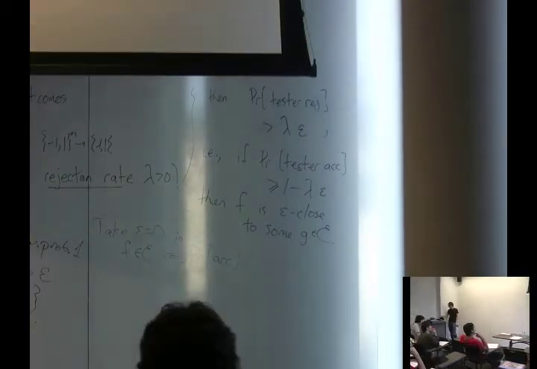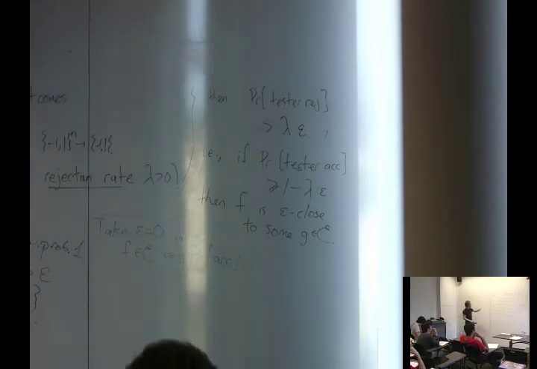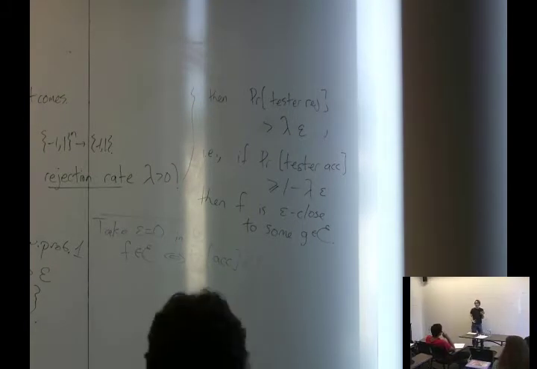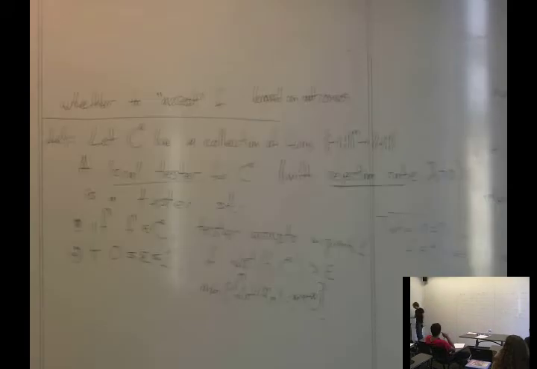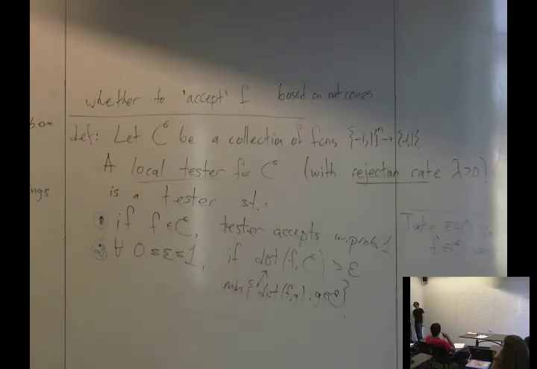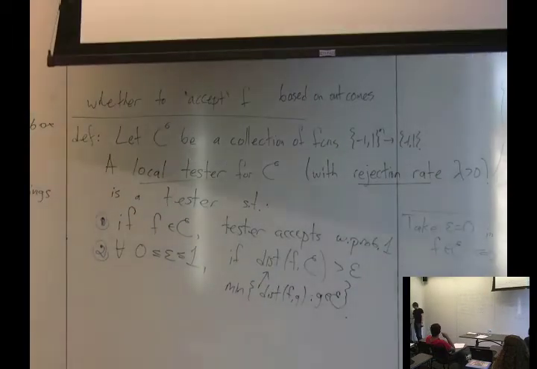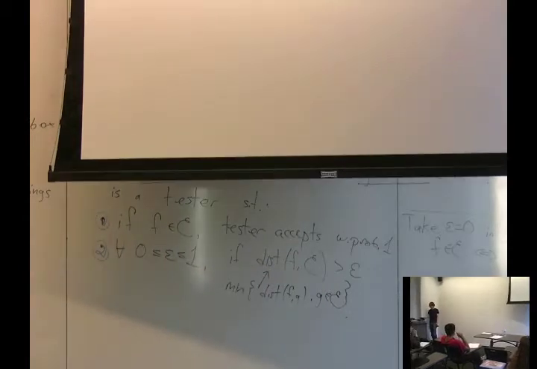So if you have such a thing, it's stronger. Because let's say you make 5 queries and you have this property. Then if you're additionally given a parameter epsilon, you can run your algorithm 1 over epsilon times. You'll make like 5 over epsilon queries.